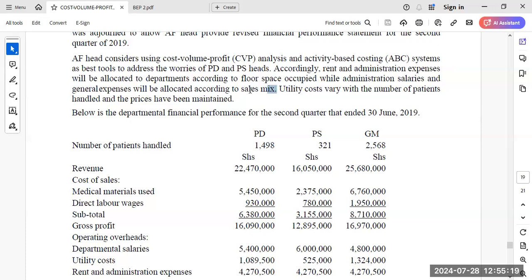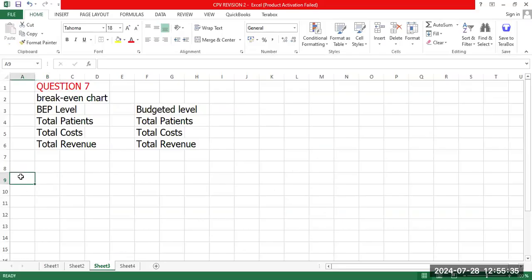However much you have this word sales mix, you don't have sales mix for each department. So if you are not given sales mix in the question, the best approach to answer the question is to first get the break-even point in shillings revenue.